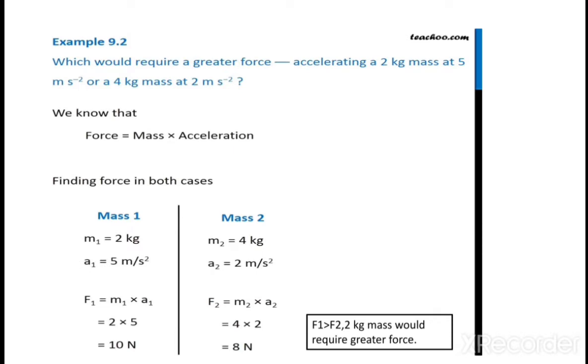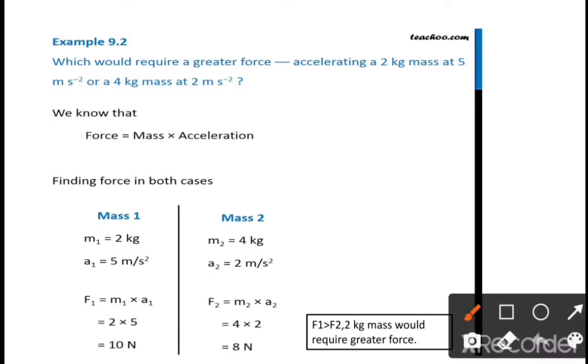The next question: which would require a greater force, accelerating a 2 kilogram mass at 5 meter per second square or a 4 kilogram mass at 2 meter per second square? There are two objects. One is 2 kilogram and another one is 4 kilogram.